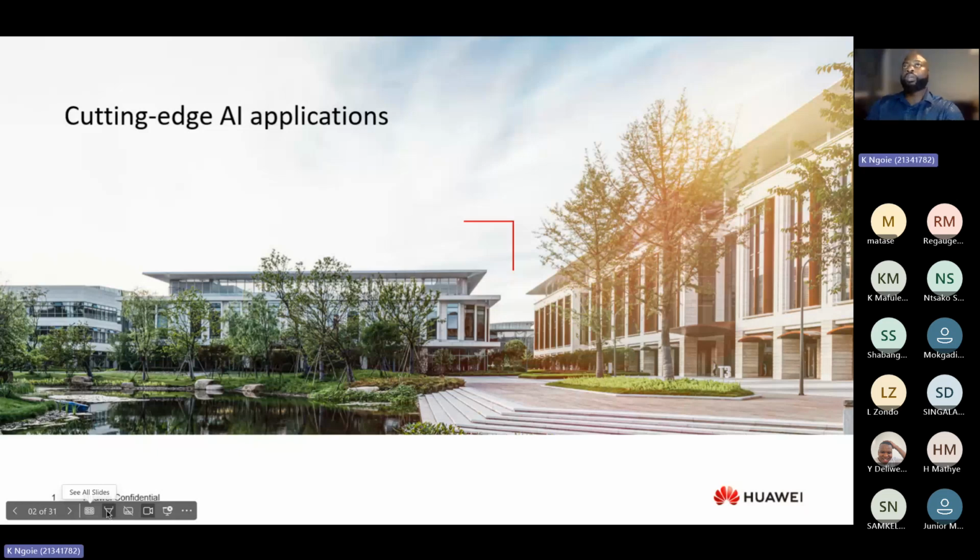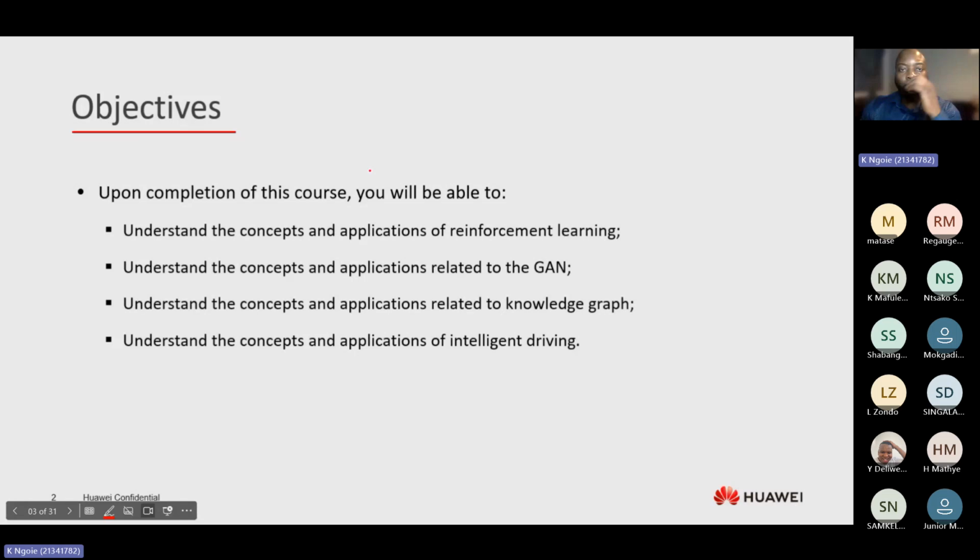All right, so the objective of this part of our course material is just to make sure we understand all the concepts and application of RL, reinforcement learning, and we have an understanding of GAN and understand knowledge graph and intelligent driving.